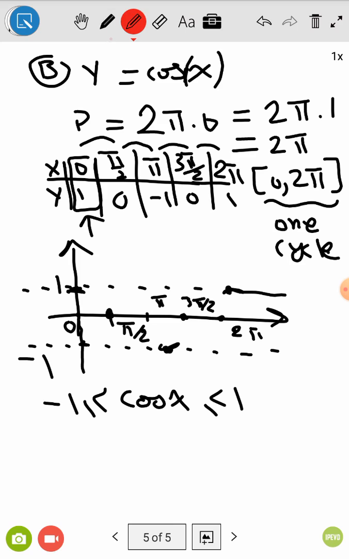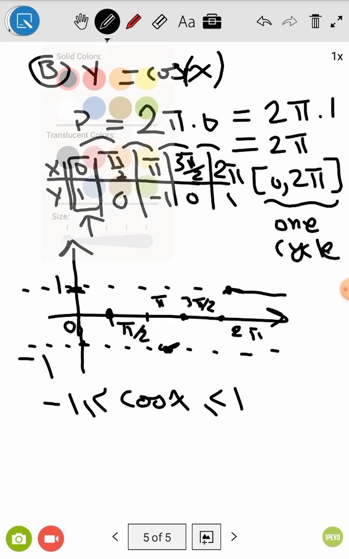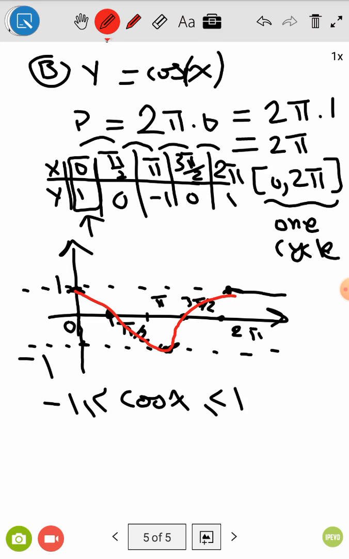I will use another color. I can use the red. Bismillah. Oh, it's not good. So this is one cycle. We can make it better. Yes.